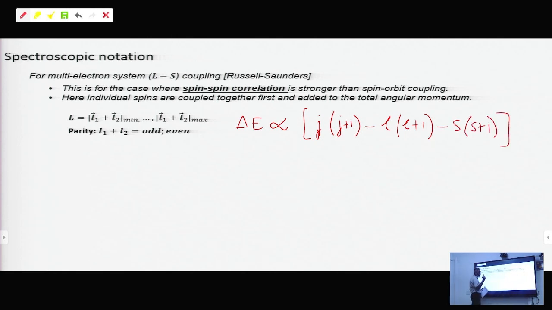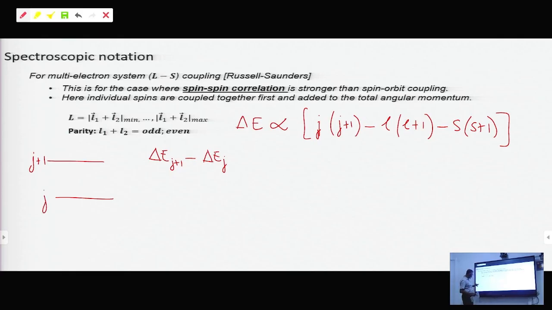Now I'm going to take two states. One is delta E at J plus 1 minus delta E at J. This delta E is the change in energy. So I'm taking the delta J. Suppose you have two states: this is the J plus 1 state and this is the J state.